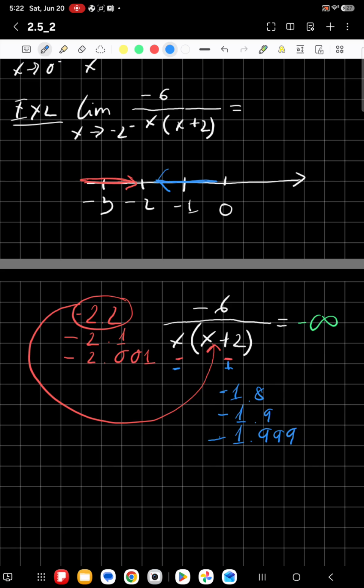So in that second case, when x approaches negative 2 from the right, I'm getting positive infinity.